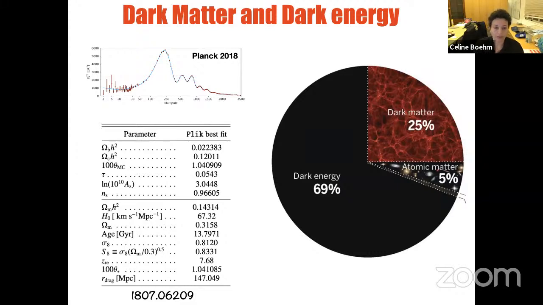What all these measurements, whether you take WMAP, Boomerang, and now Planck, tell you is information about, as I said, the quantity of dark matter versus the quantity of ordinary matter. But they also give you more information. Planck in particular, because it's the most precise, gives you information about other parameters.